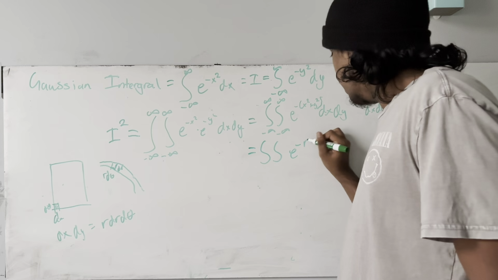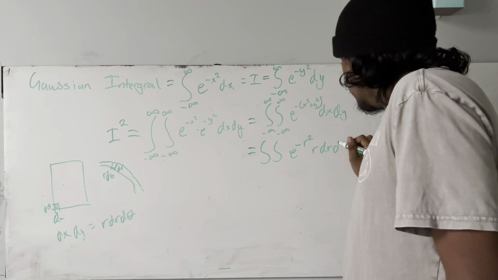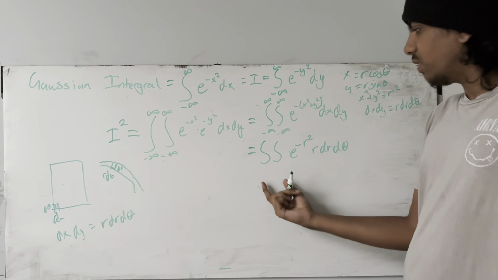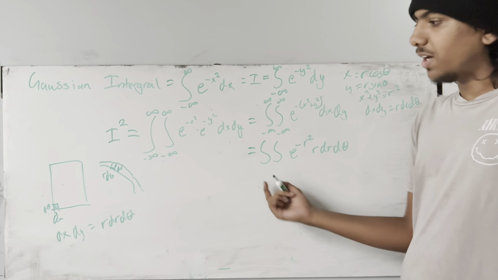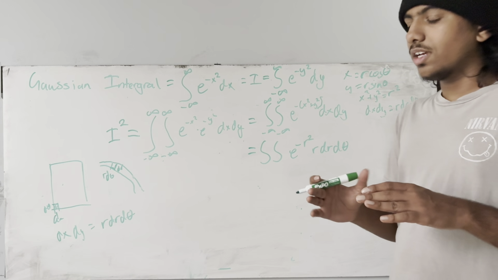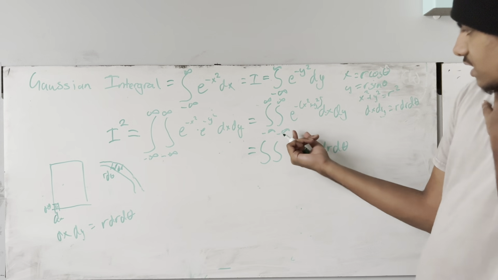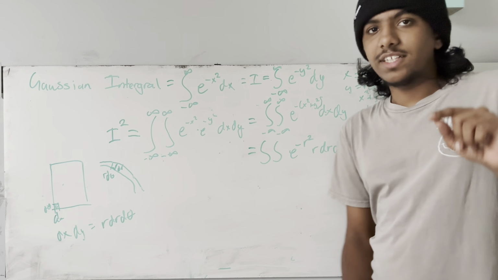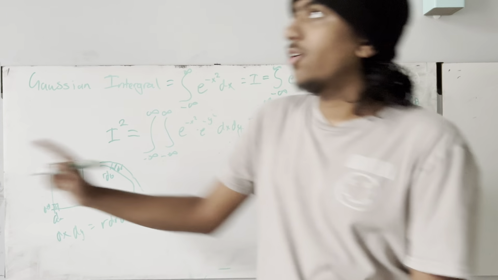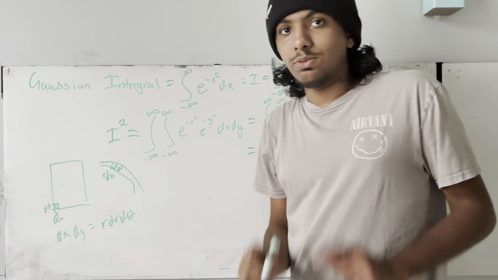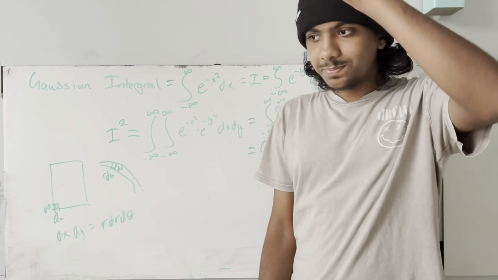e to the negative r squared, r dr d theta. Okay, but what values are we looking for? Keep in mind, we're integrating a surface, and obviously this value is going all the way to infinity, all the way that way, that way, and that way, because we're doing x's and y's.